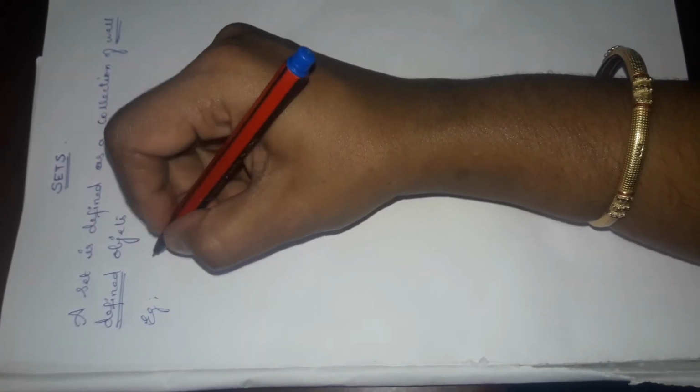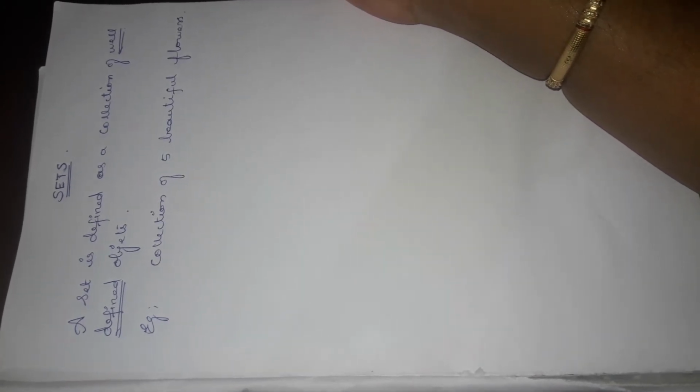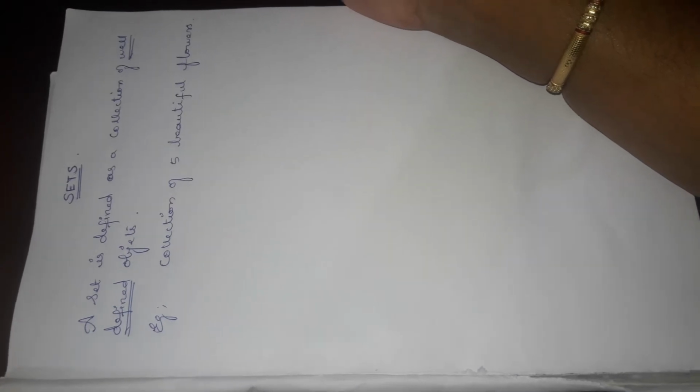Let us see a few examples. For example, if I say a collection of 5 beautiful flowers, which 5 beautiful flowers will come under this collection? According to me, the taste, the beautiful criteria will vary from one person to another.